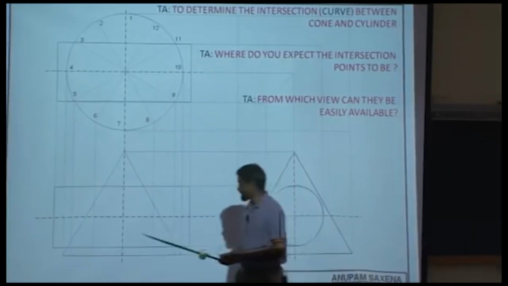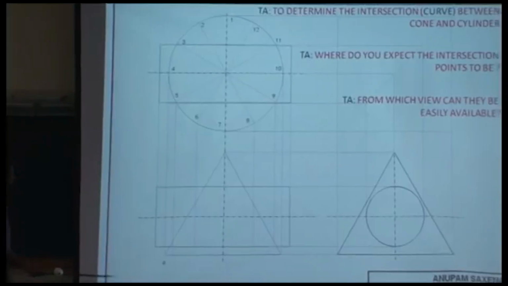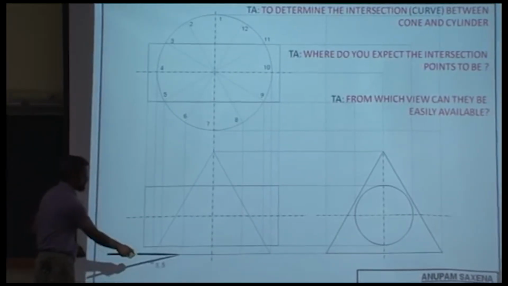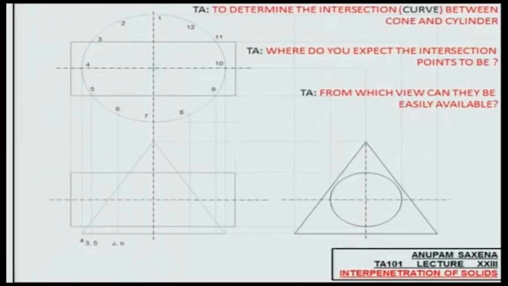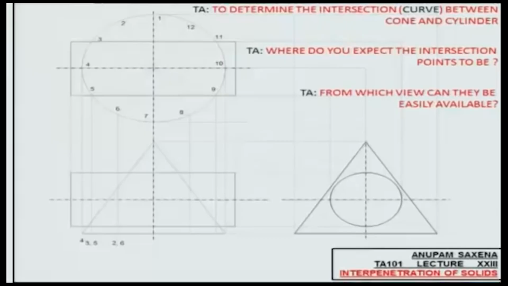Now, which is this point? Great. How about this point? Wonderful. 2, 6. Great. 1, 7. Next. 8, 12. Next. 9, 11. Next. 10.